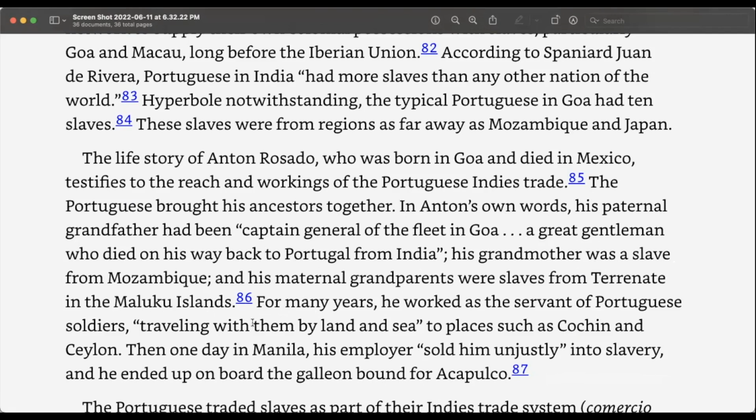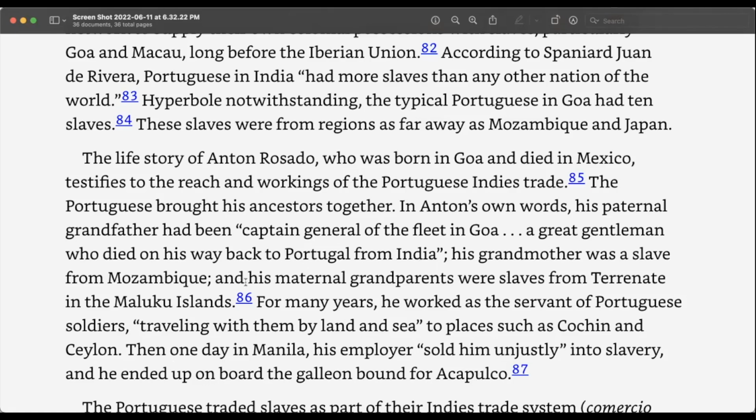For many years, he worked as a servant of Portuguese soldiers, traveling with them by land and sea to places such as Cochin and Ceylon. And one day in Manila, his employer sold him unjustly into slavery, and he ended up on board the galleon bound for Acapulco. That's in Mexico, all right? That's the story of this Anton Rosado.